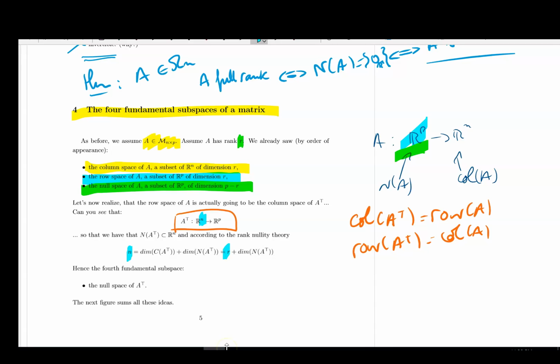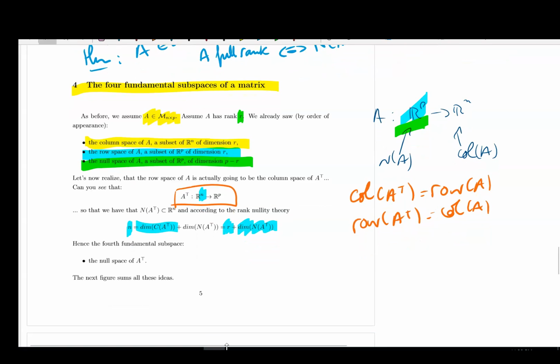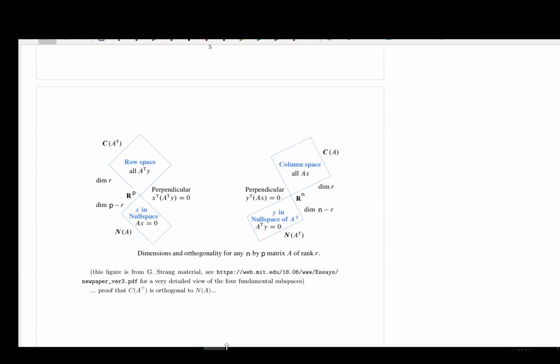We saw that its rank, the dimension of its column space, would be equal to the dimension of the row space of A, which is the same as the dimension of the column space of A. So it's still the same R, right? Plus the dimension of the null space of A transpose. I'm just applying the rank nullity theorem, so that we have our fourth fundamental subspace, the null space of A transpose, and all of them together are going to build on one side Rp and on the other side Rn. That's what we have here.